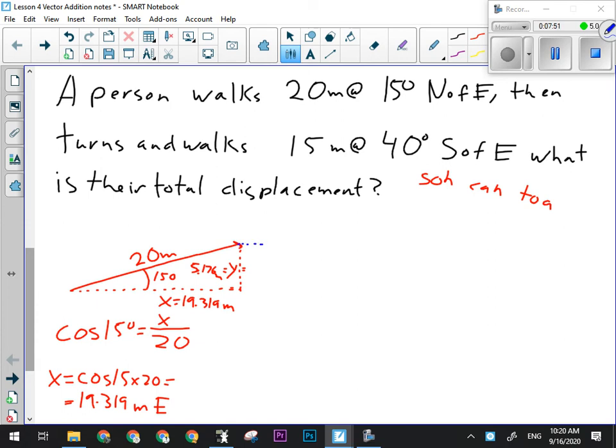So I'm going to draw my reference line that's east, and then I'm going to go 40 degrees south of that, 15 meters. That might be a little bit more than 40, but it'll work, okay?